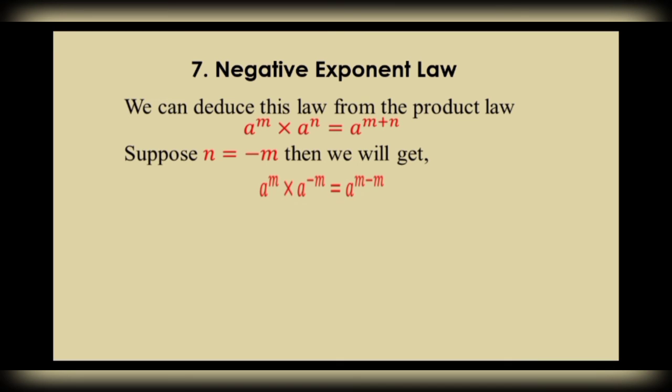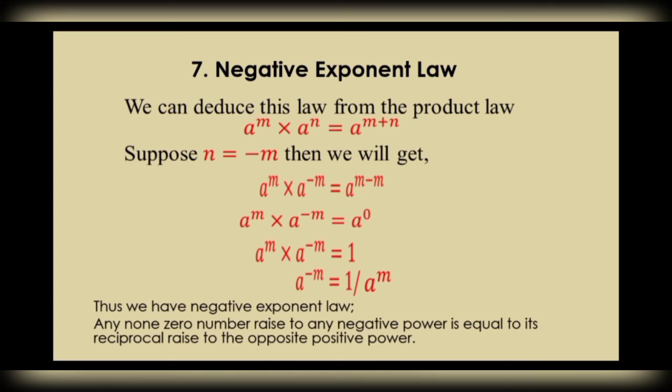Here we put minus m in place of n, which is equal to a to the power of m minus m. m minus m means 0. So in the next step we can write it as a to the power of 0. a to the power of 0 is always equal to 1 by the zero exponent law. So a raised to the power minus m is equal to 1 by a to the power of m. Thus we have the negative exponent law.